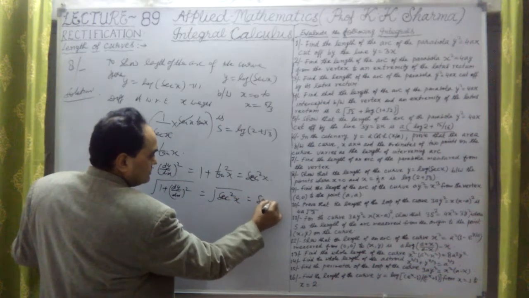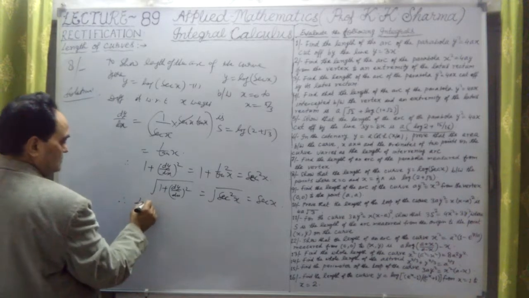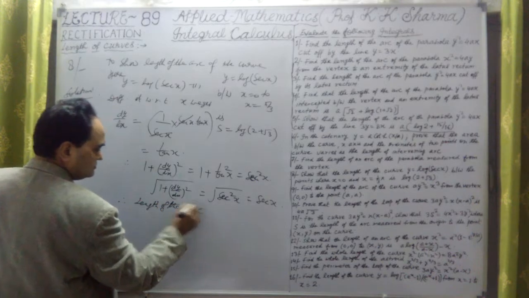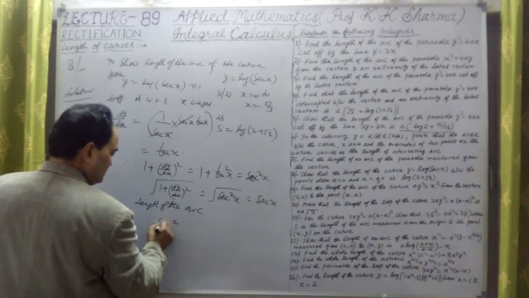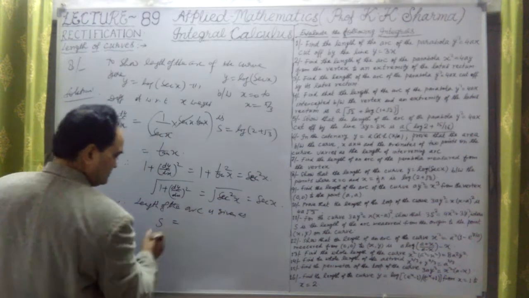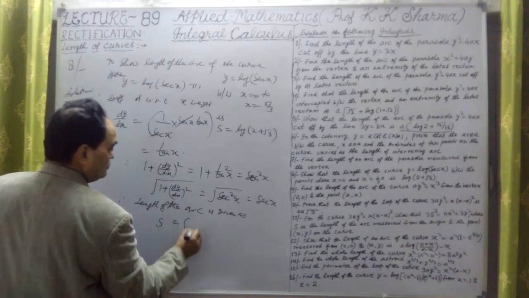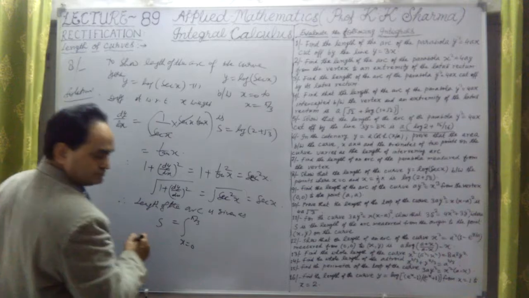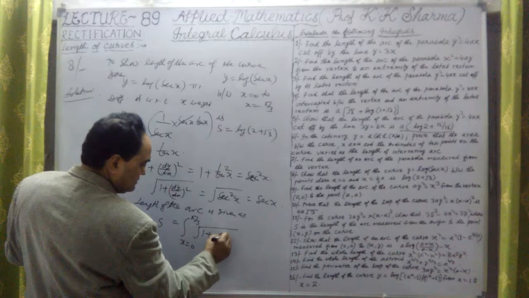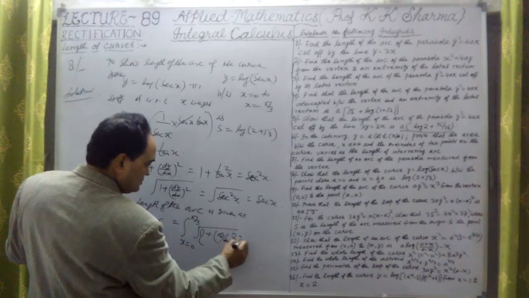This is equal to secant x. Therefore, the length of the arc is given by s equal to the integration, x equal to 0 to pi by 3, of the square root of 1 plus (dy/dx) whole square into dx.